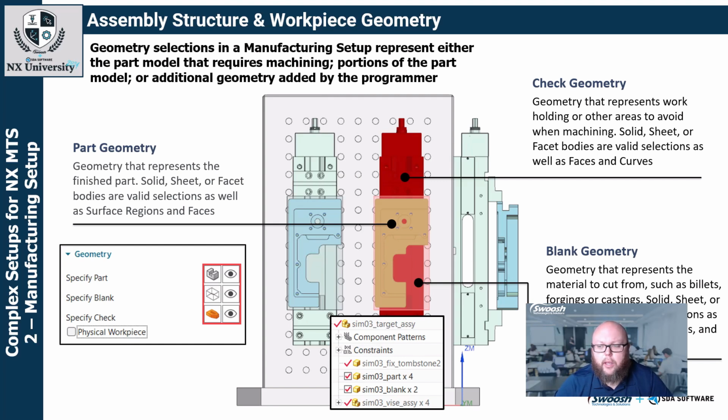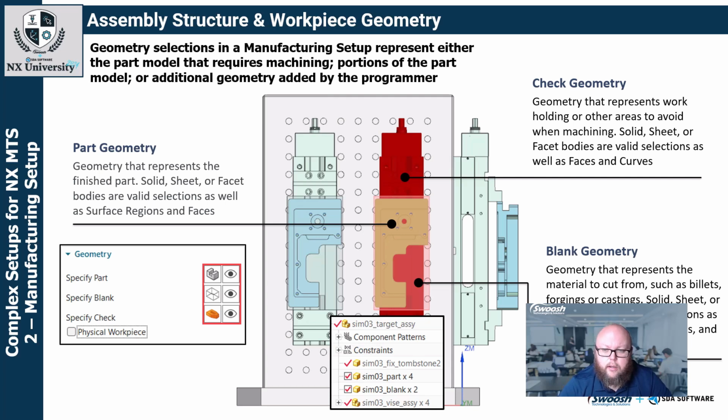And then our blank is going to be created any number of ways, whether it's just some billet stock that we're using. So we might use a bounding body, bounding block, bounding cylinder. It could be geometry that we're creating from or representing a casting or a forging with, or any number of different settings in here.